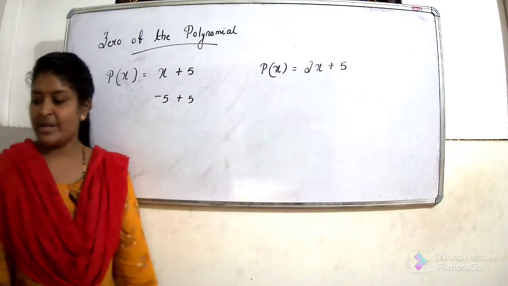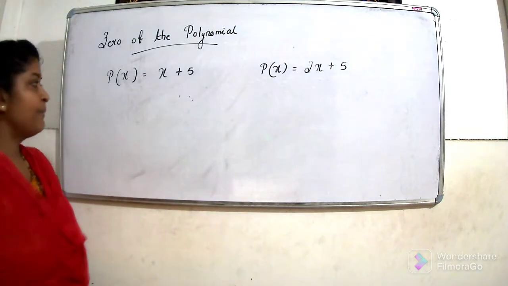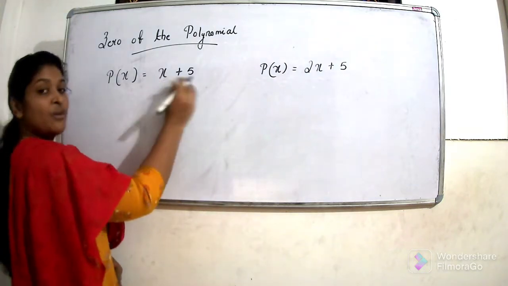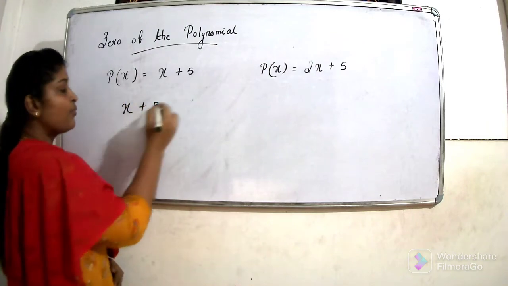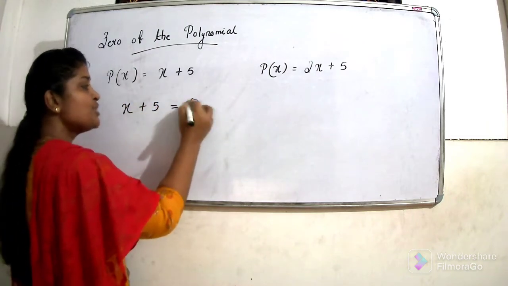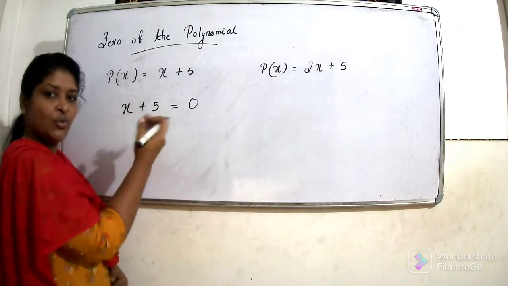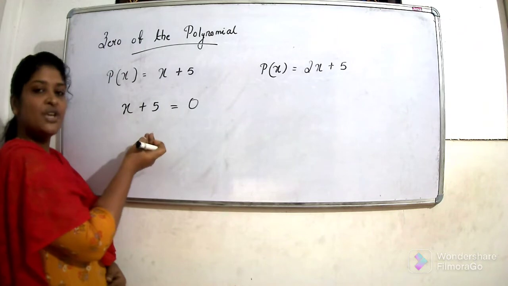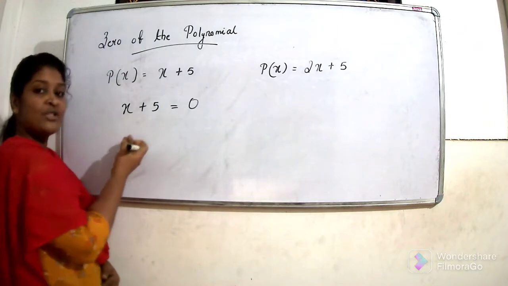Now how to get that zero of the polynomial? For that, there is a method. The method is like this. We write the polynomial, x plus 5, and we have to equate that polynomial to 0 because we have to get 0, no? So first we equate it to 0, then solve this simple equation and we will get the value of x. How do we solve this equation?